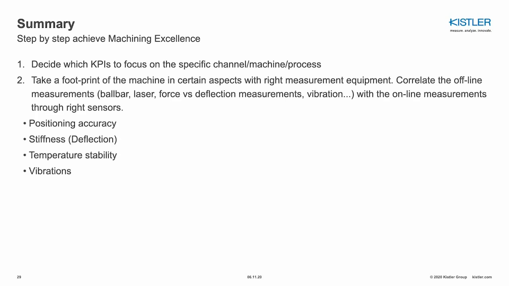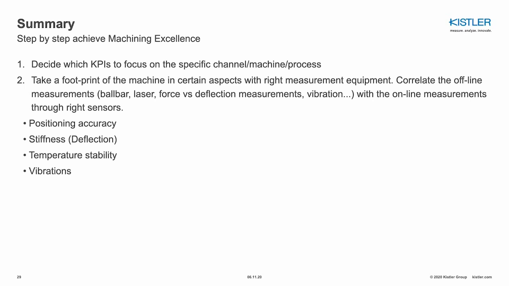And then you need to take a footprint of your machine in certain aspects with the right measurement equipment. In some cases, you can mechanically and electrically optimize those settings, as I said before. You need to correlate the offline measurements, for instance from ball bar, laser, force and deflection measurements, vibration, with the online measurements through the right sensors.